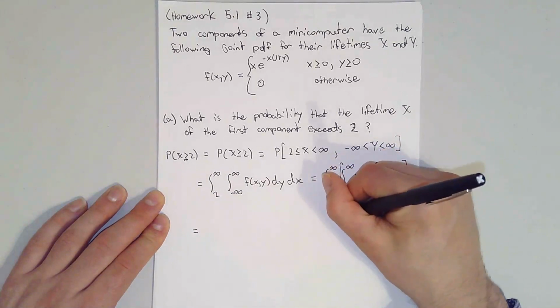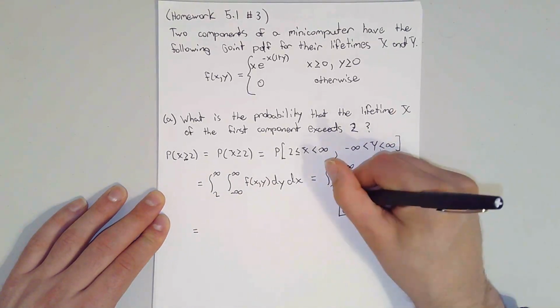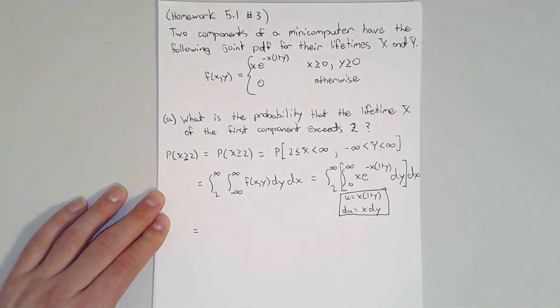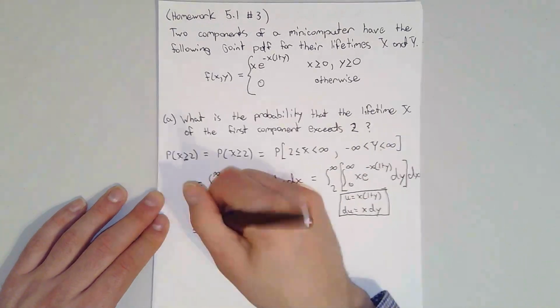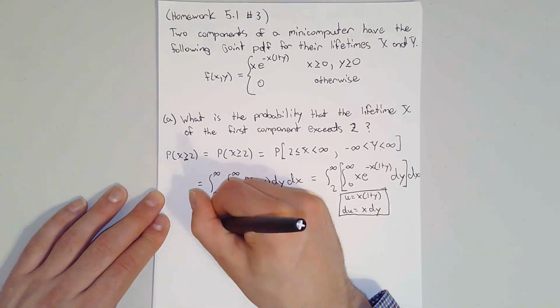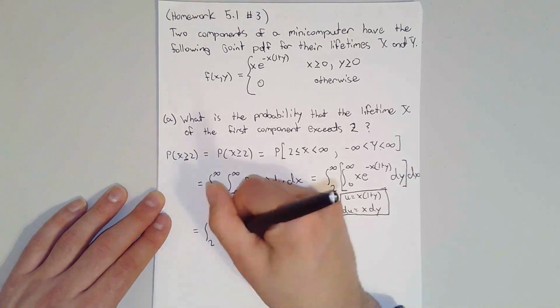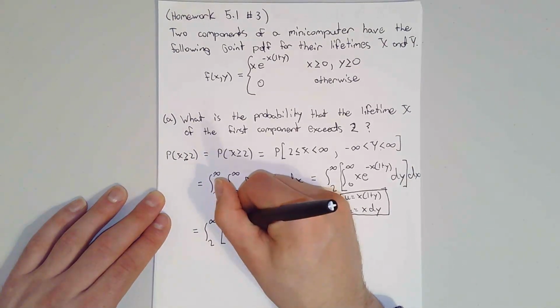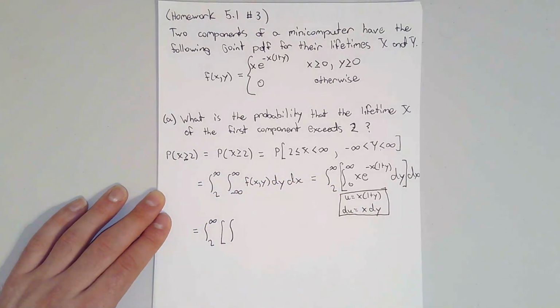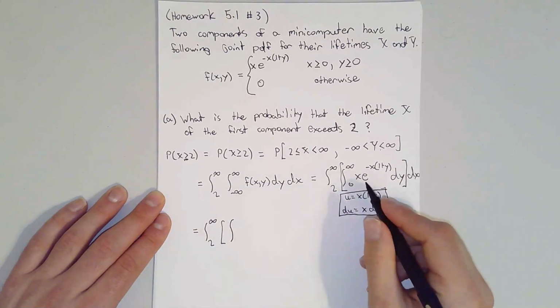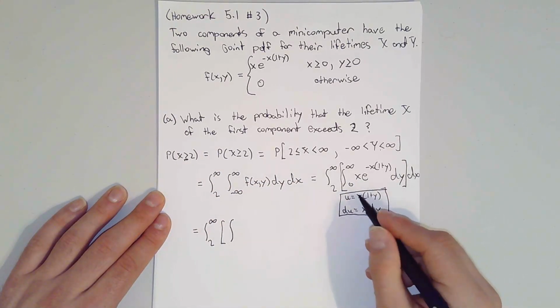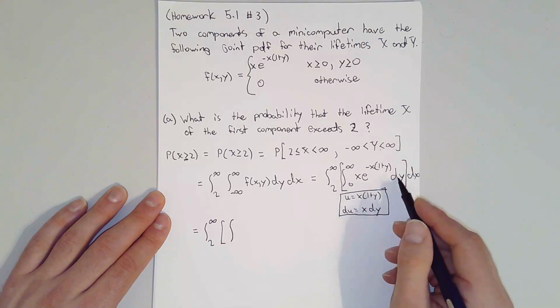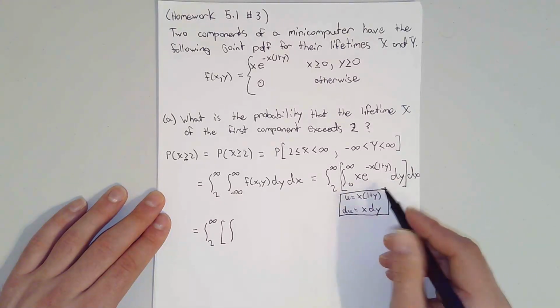Now I'll just put a little box here to help emphasize that this is out of the way. So this is all equal to still the integral from 2 to infinity of the following. For our bounds, when y is equal to 0, what is u equal to?